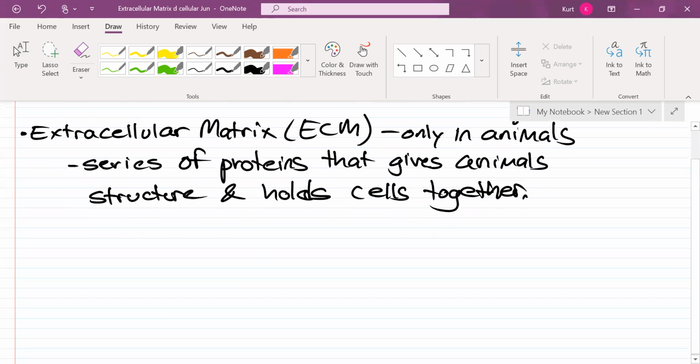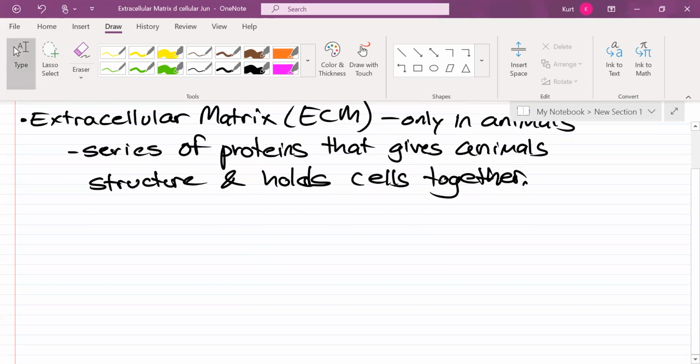Now, the reason why you're not going to see this in plant cells is what do plant cells have on the outside of their plasma membrane that our cells do not? Cell wall. So take a look at how closely packed they are to each other.